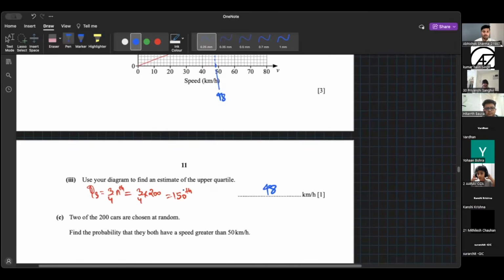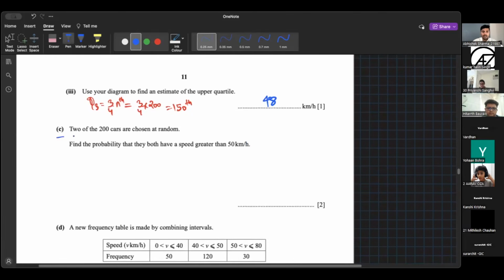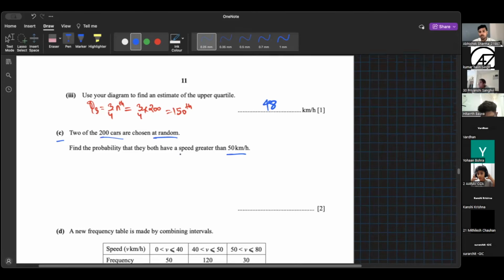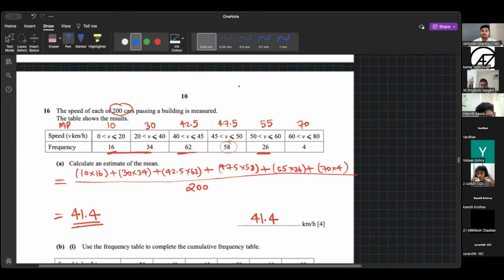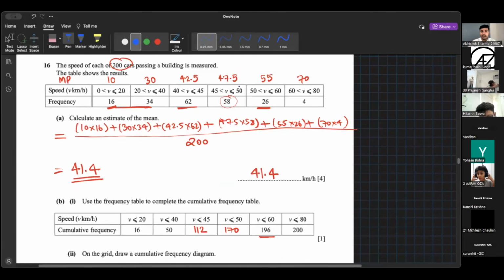Let's move on now. Part C. It says 2 of the 200 cars are chosen at random. Find the probability that they both have a speed greater than 50 kilometers per hour. So now both should have speed greater than 50. Greater than 50, there are only two cases, 26 and 4, which is total 30, right?